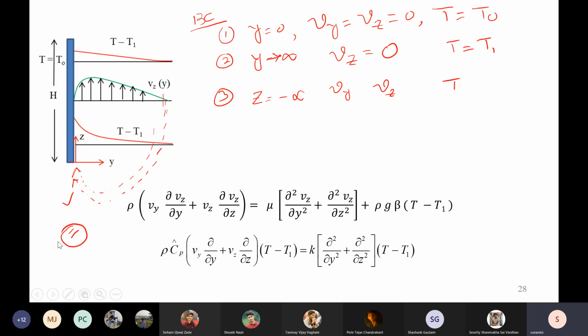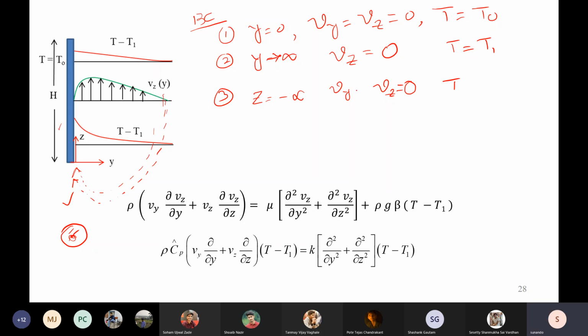So what is going to happen to Vz at this point? Would it sense that there is a plate well above this point which is causing a motion over here? So what would this Vz be? I think 0. You're absolutely right. It is 0 since the presence of the plate far above is not going to be felt by a point which is way down there.